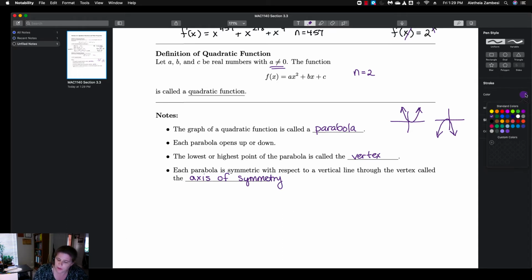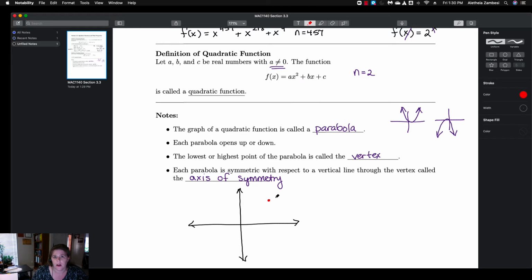Now, if I were to plot a graph just to show you what each of these things looks like, say we have a vertex here, and our parabola opens down. This red dot is the vertex.